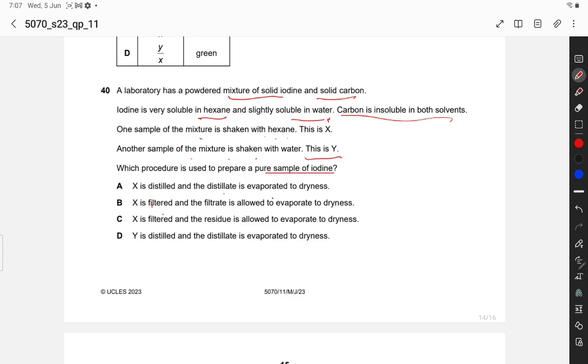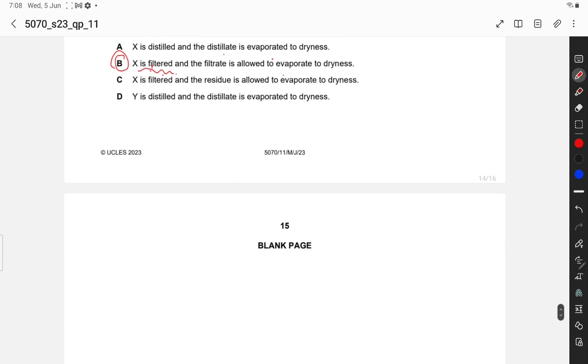Yes, X is filtered and the filtrate is allowed to evaporate to dryness. Yes, this is the correct option.